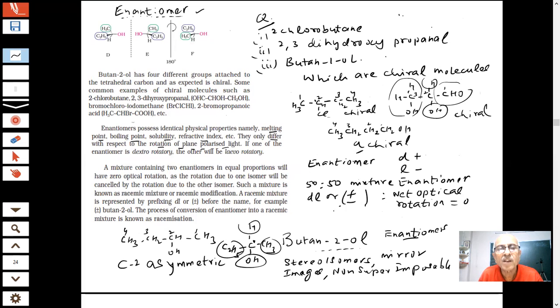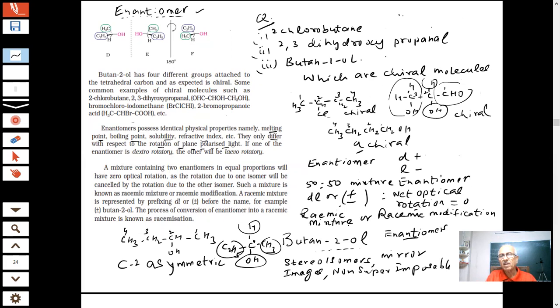Such mixtures are known as racemic mixtures, or racemic modification. So he will ask you in the exam, what is a racemic mixture?